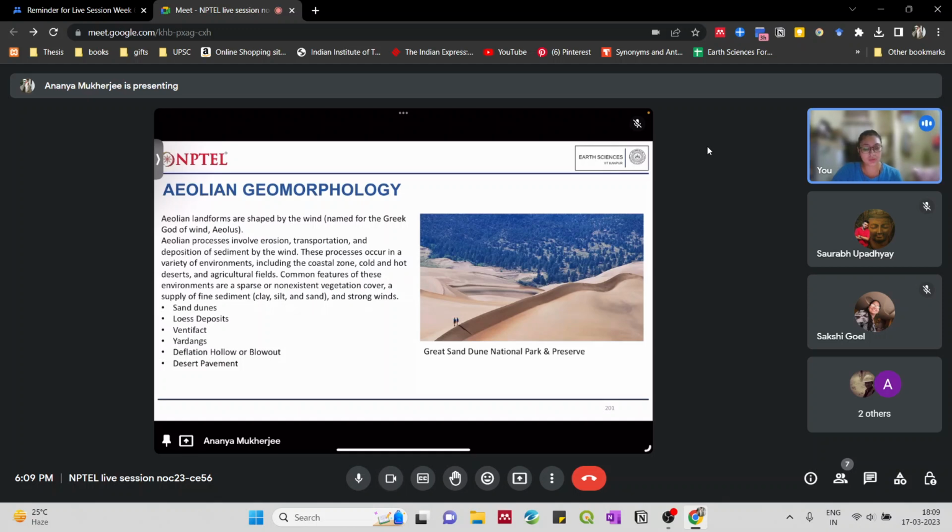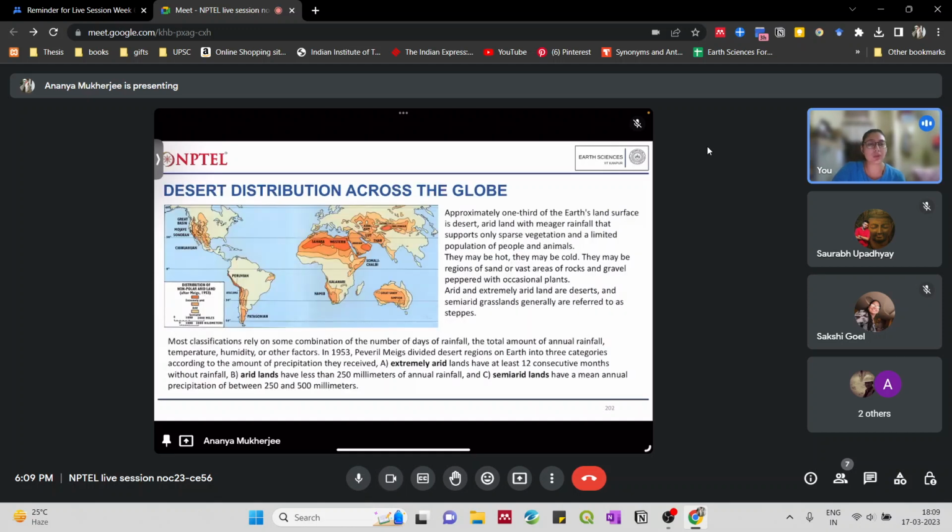Before we go into that, we will try to understand the most prone region on the earth where most of the action of wind happens, where most of the aeolian geomorphic features are formed. It is seen that one third of Earth's land surface is desert.